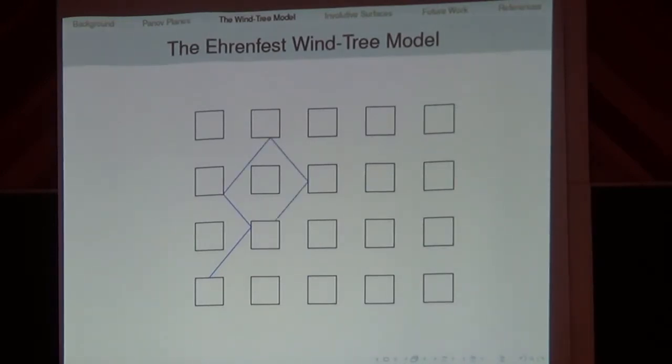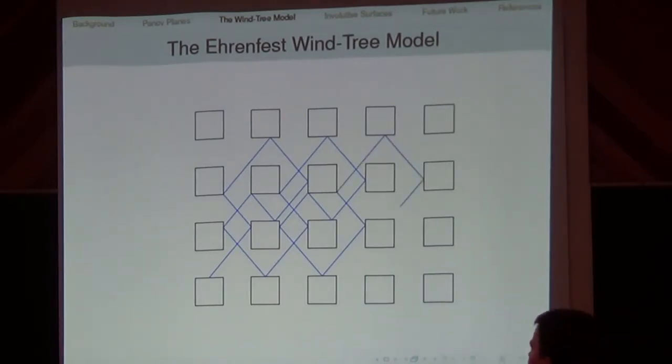So there's a naive similarity between those Panov planes and the wind tree models that we've been learning about all week, in that you have these periodic obstacles in the plane. And what I want to do is see if there's any precise relationship between them, other than just that they look the same.